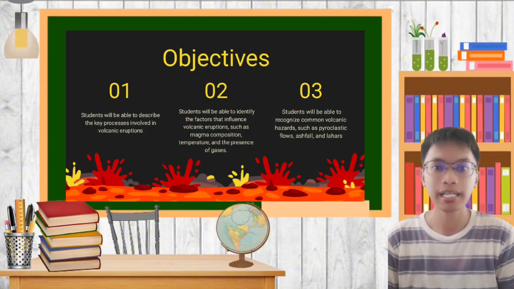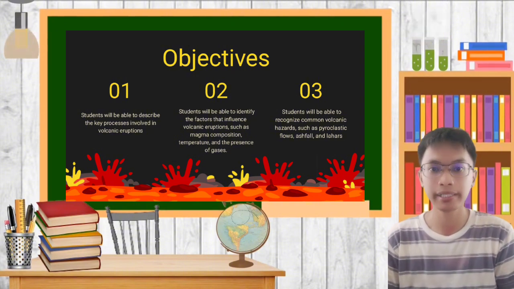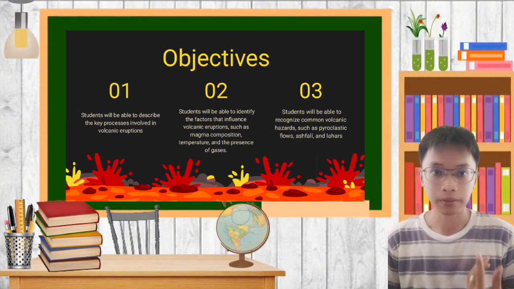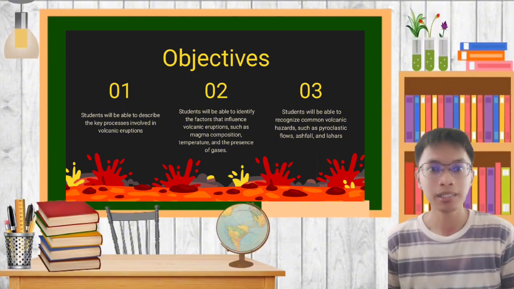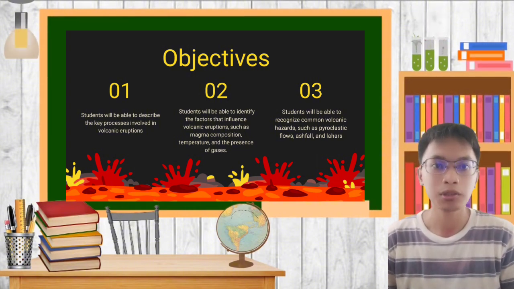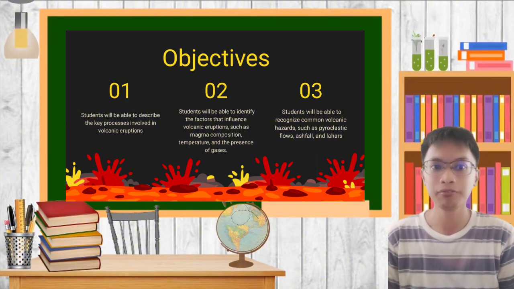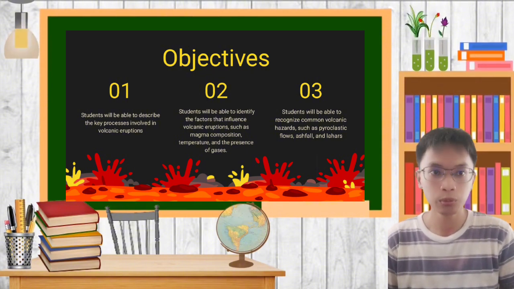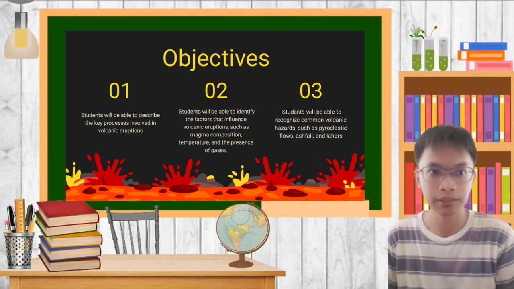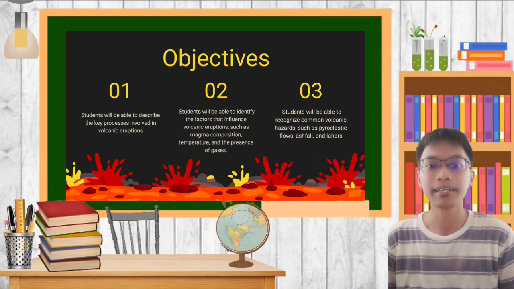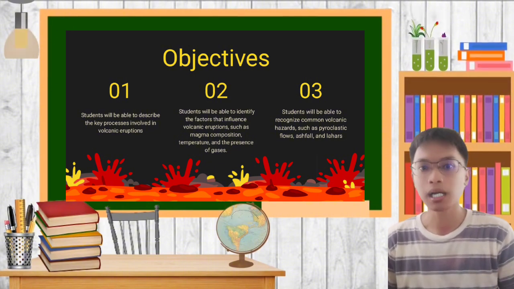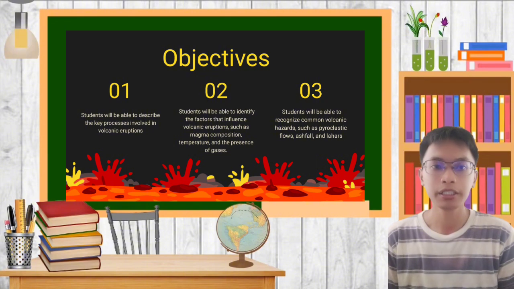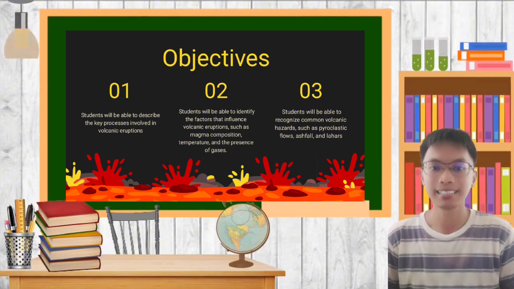Before we start the lesson, let's have our objectives. We have three objectives here. The first one: at the end of the lesson, the students will be able to describe the key processes involved in volcanic eruption. In objective 2, the students will be able to identify the factors that influence volcanic eruptions, such as magma composition, temperature, and the presence of gases.